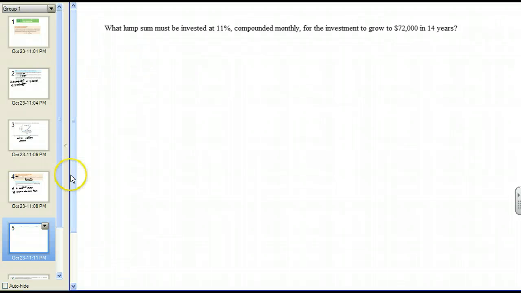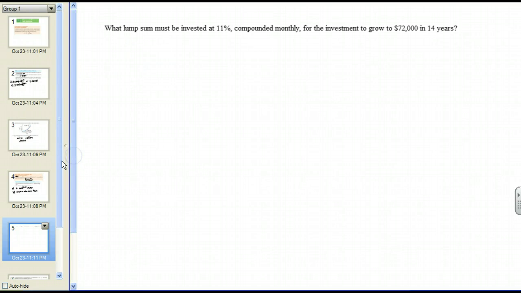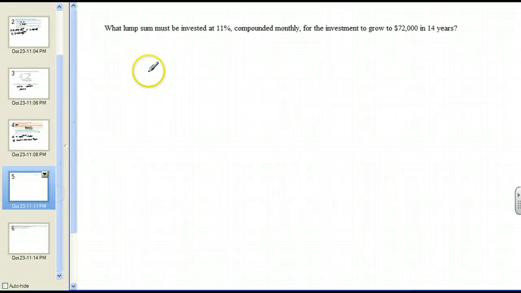Now, this is just some examples from your homework, just to get used to using these formulas that you'll see in this section. So question 5, this is something from your homework. What lump sum must be invested at 11% compounded monthly for the investment to grow to $72,000?